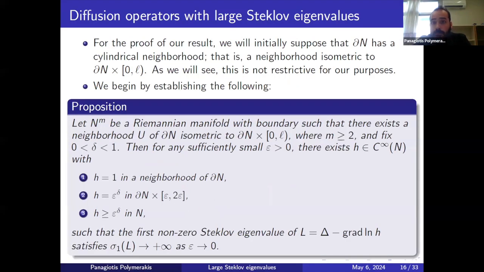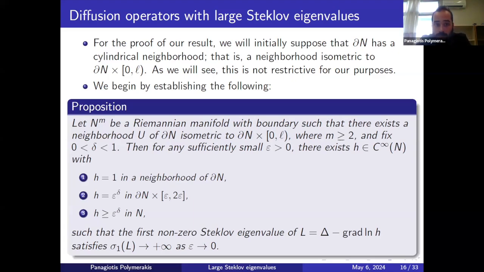Okay, now for a part of this discussion, we'll actually suppose in addition that the boundary of the base manifold N has a cylindrical neighborhood, that is a neighborhood isometric to the boundary times an interval. However, this will not be restrictive for our purposes. We'll just drop it at some point.